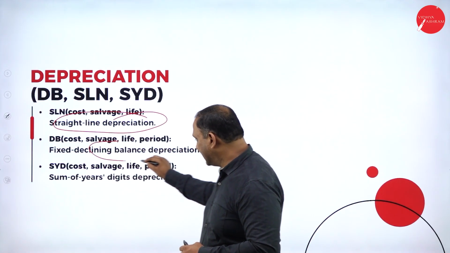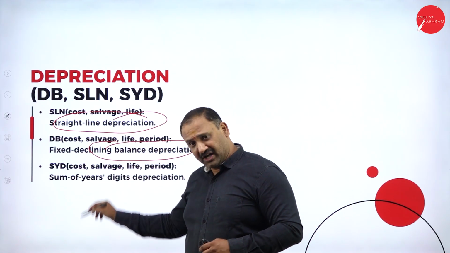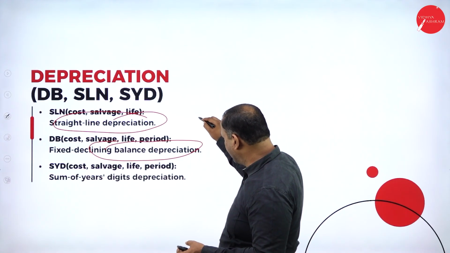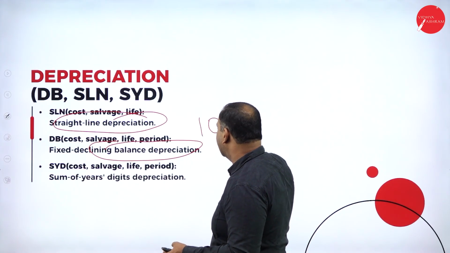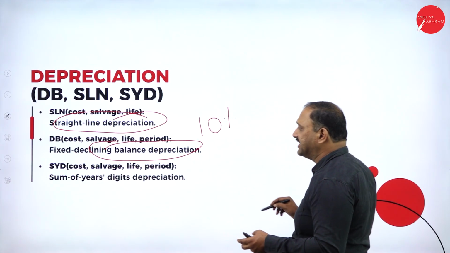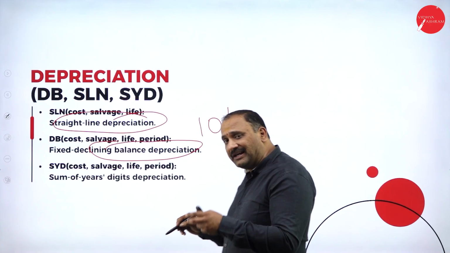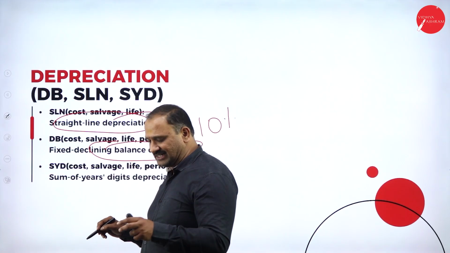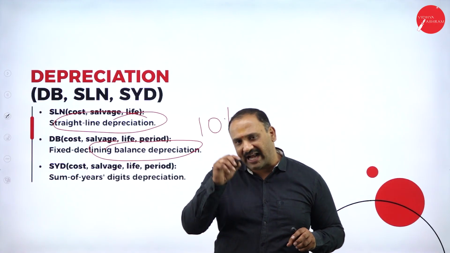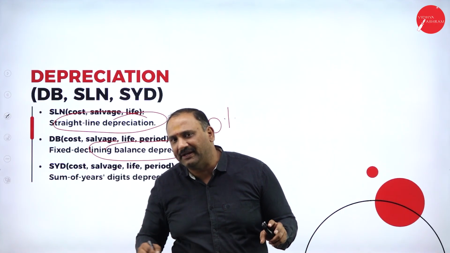Similarly, the fixed declining balance depreciation, we use this for machinery and buildings, where the rate is standardized, let's say 10% or 20%. That means the lifetime of that particular asset will keep depreciating at a particular rate over a period of time.